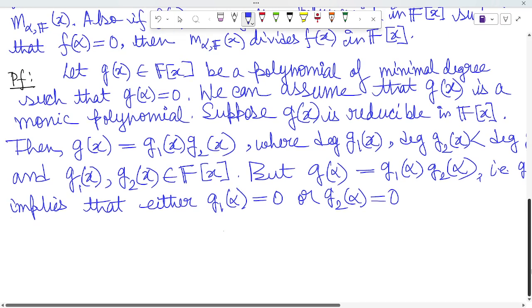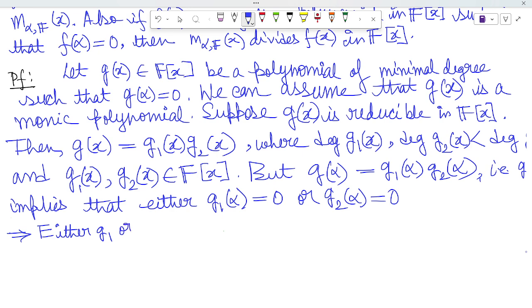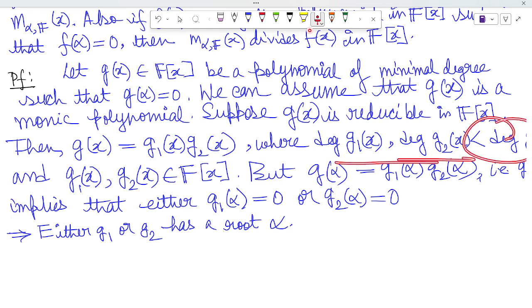If g1(alpha) is 0, what is the meaning of this? It implies either g1 or g2 has a root alpha. But what is the problem then? I assumed that g is the smallest degree polynomial. If g1 or g2 has a root at alpha, then the degrees of g1 and g2 are both less than the degree of g.